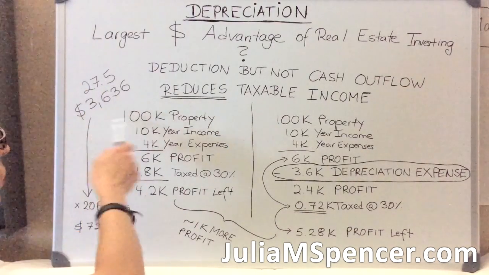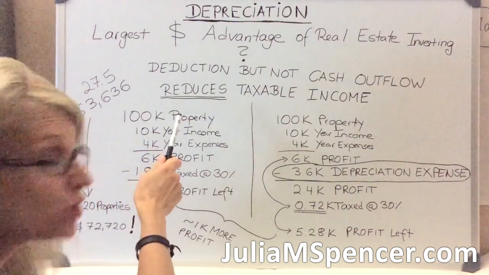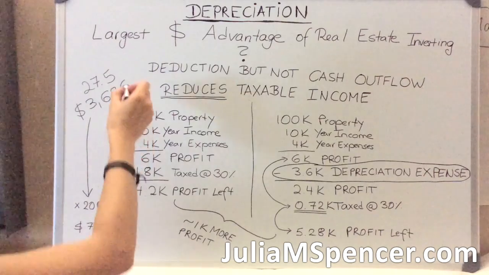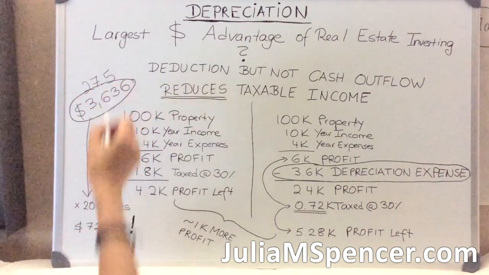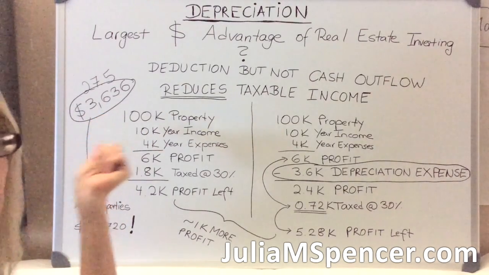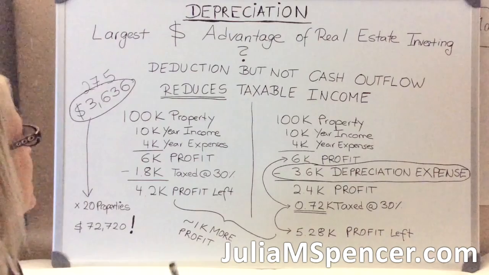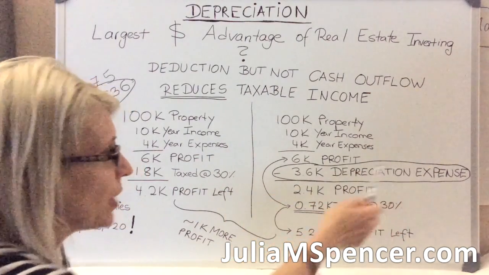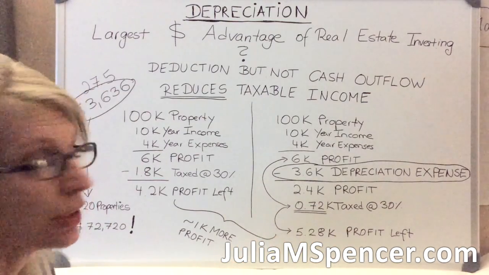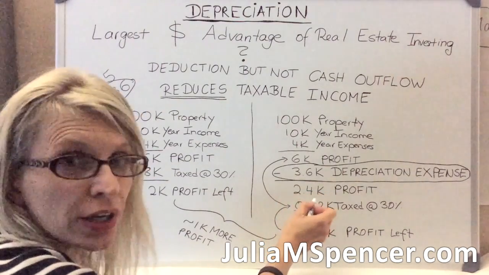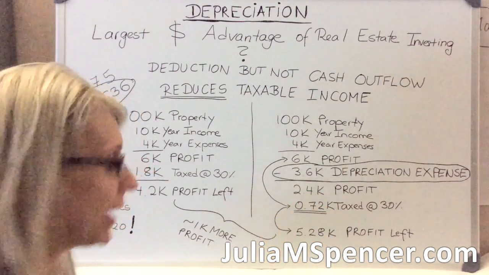So you would take the $100,000 divided by 27.5 years, and this right here is a depreciation expense you can take every year on that one property, $3,636. Take that off your profit, your depreciation expense. Now, all of a sudden, on paper, your profit is $2,400 or 2.4K.